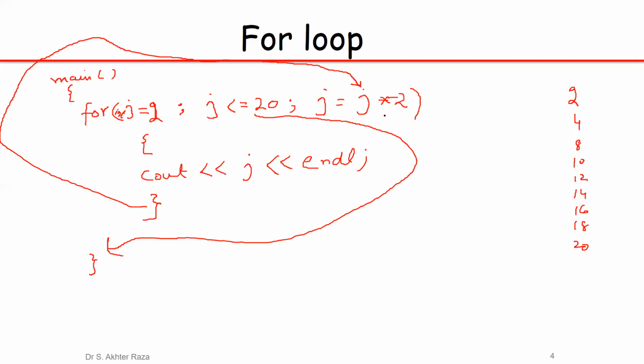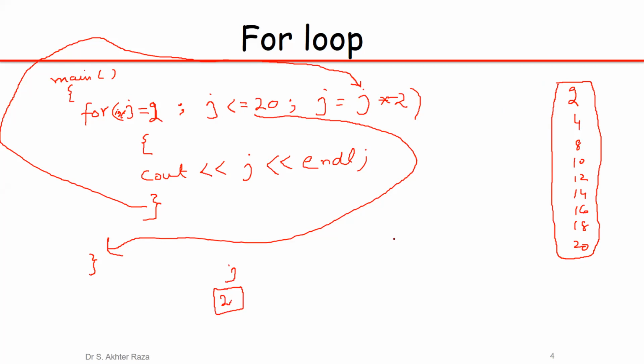Mohammad Talha has identified that the output of this program is not this, and Talha is correct, this will not be the output of this loop, because initially j becomes 2, and it comes here, 2 is less than 20.